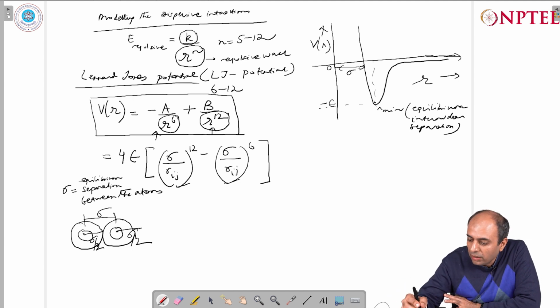At the distance sigma, the attractive and the repulsive forces essentially balance each other, and at this particular value of sigma, the value of the potential is equal to 0.